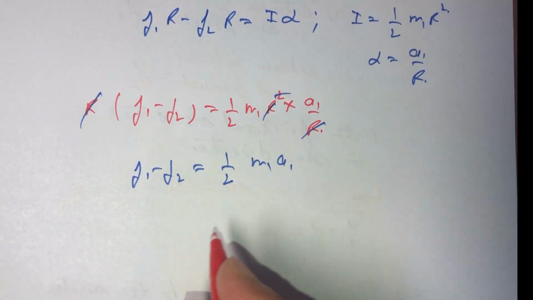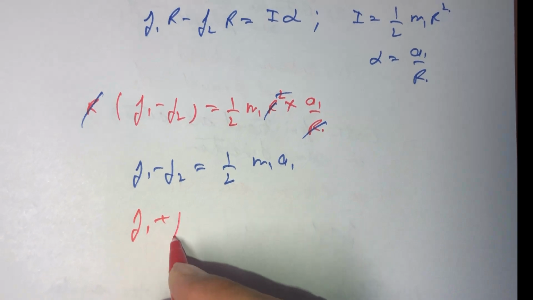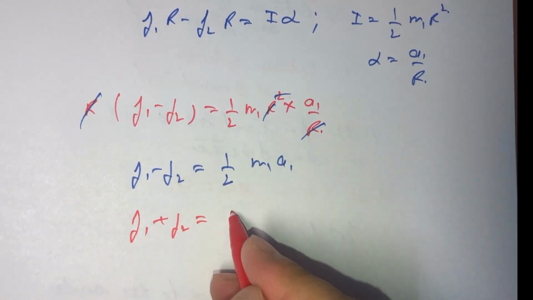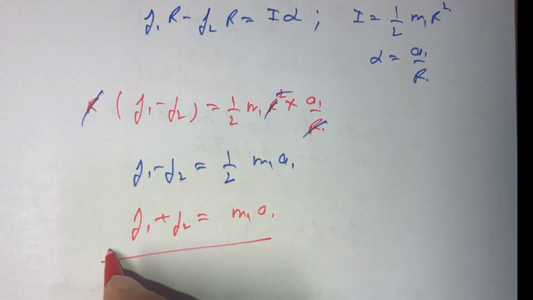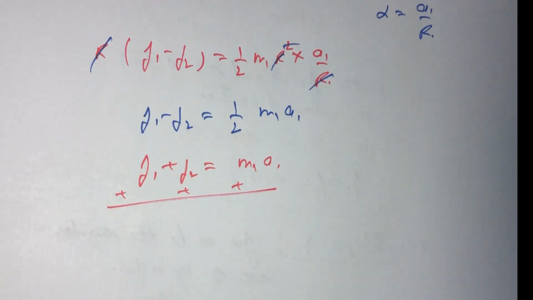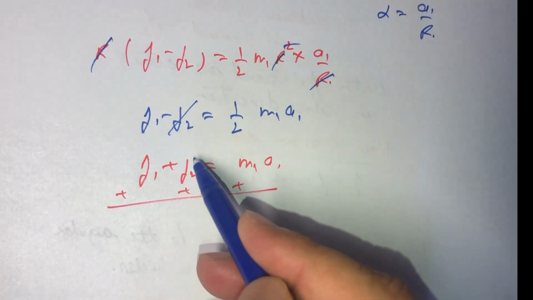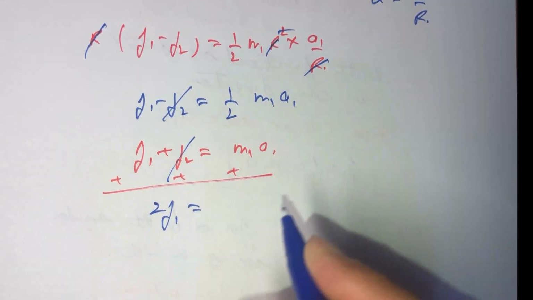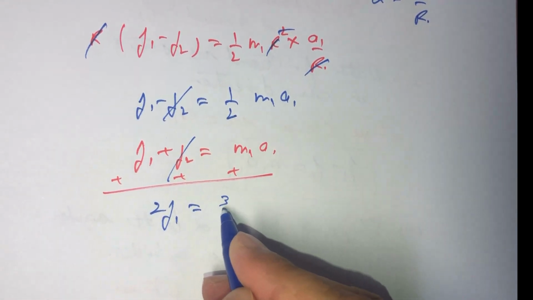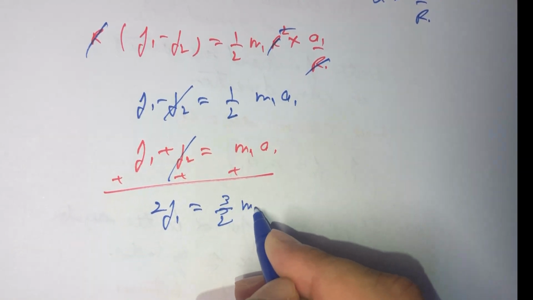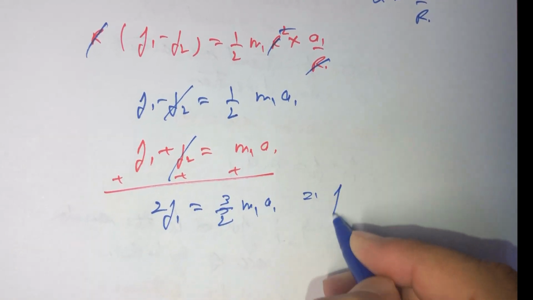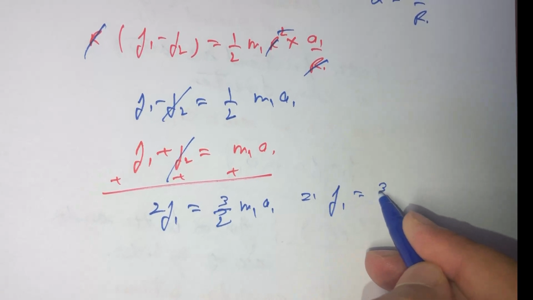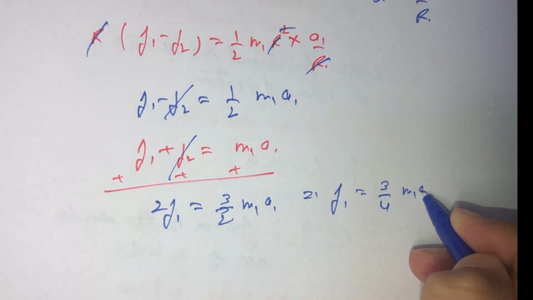If we add these equations, F2 cancels out, so we get 2F1 is equal to 3 by 2 m1 a1, or we can say F1 is equal to 3 by 4 m1 a1.